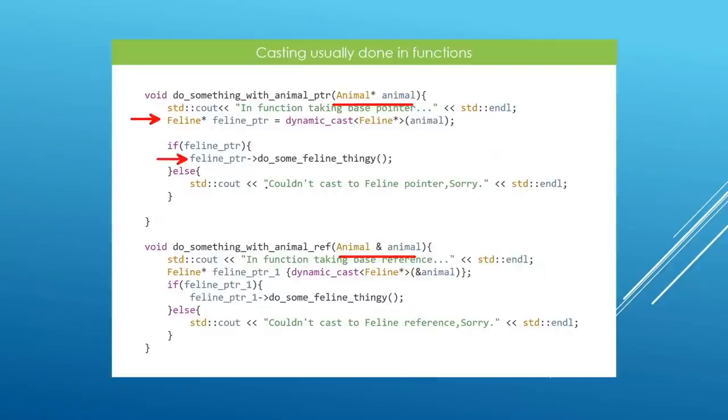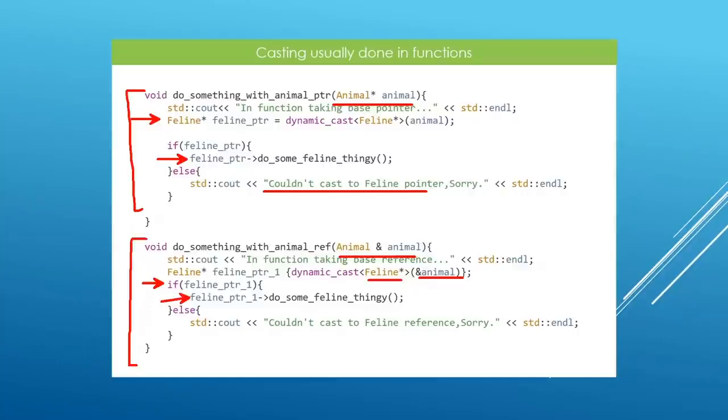If the check fails, you're going to fall here and print an error message. You can do this with pointers, and we can do exactly the same thing with references. But here, because we want to do this check, we're going to transform our base reference into a derived pointer and call our method on the derived pointer instead. This gives us the ability to do this kind of check to make our code much safer to work with.